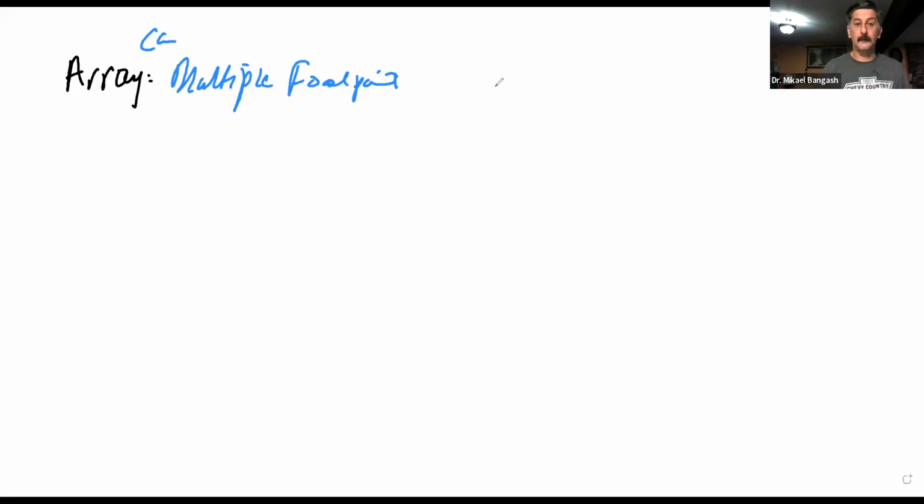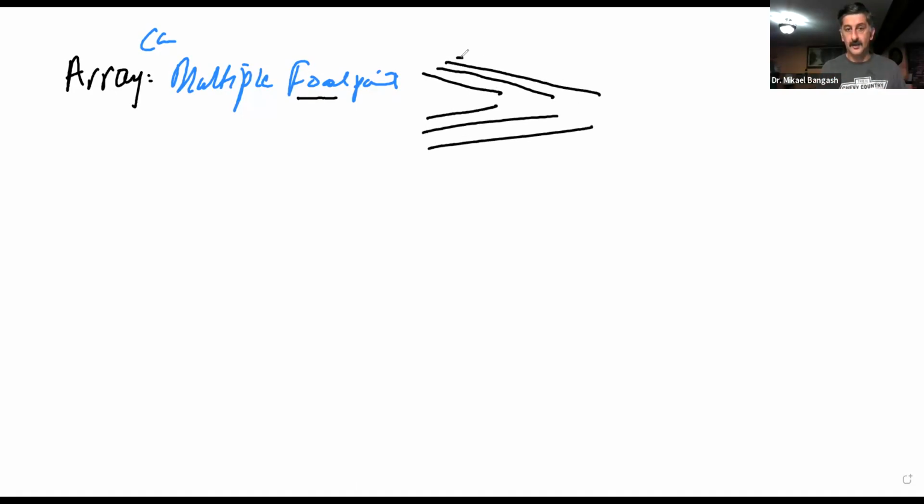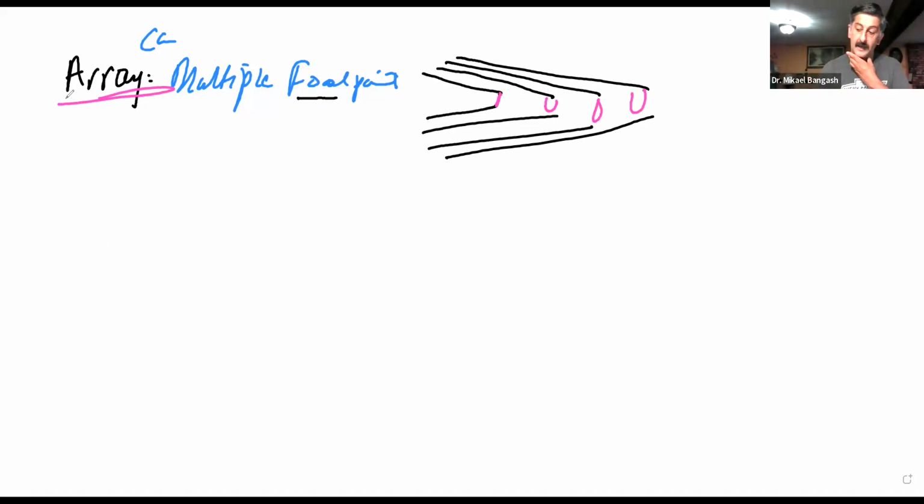What causes the beam to focus, to get to its narrowest point at different depths or different focal points, is basically what we mean by an array transducer.